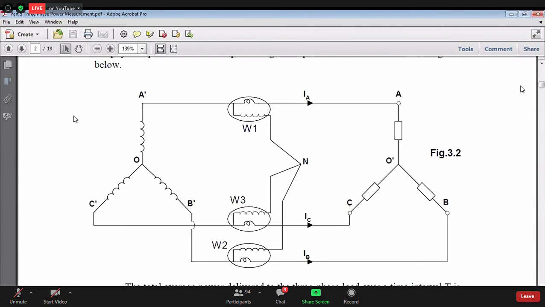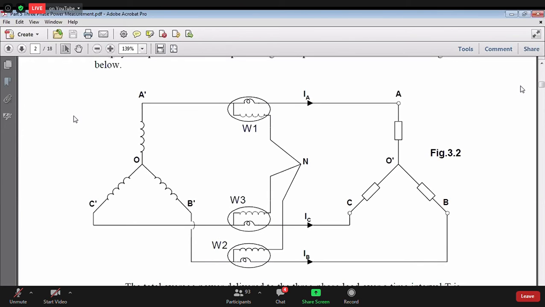The answer is, there is no need of any specific point. You take the three terminals of the three potential coils and simply twist them together and let it hang in air. It will work. So please remember that this neutral, as shown in the diagram N, is independent of its physical position. It doesn't matter where it is physically.